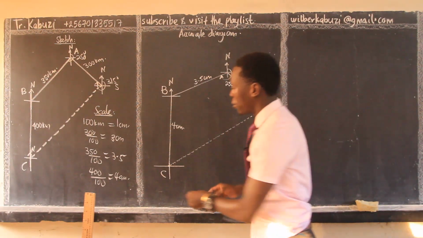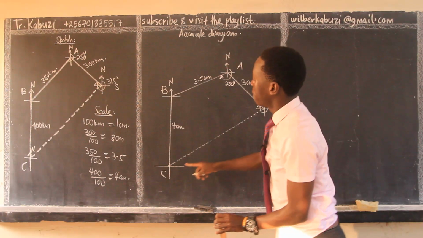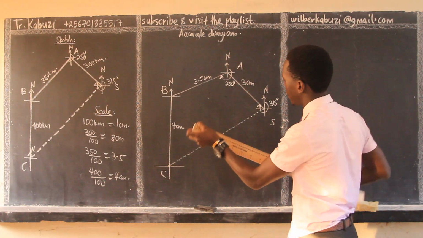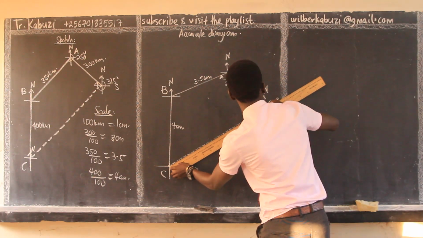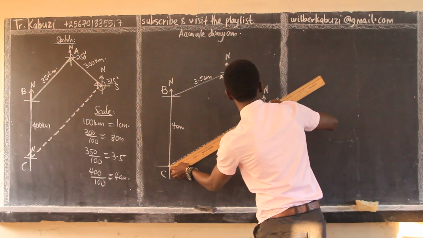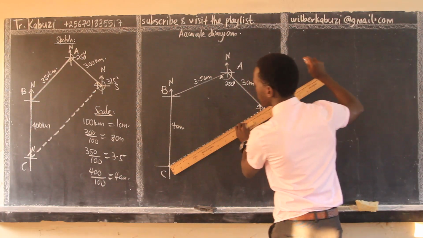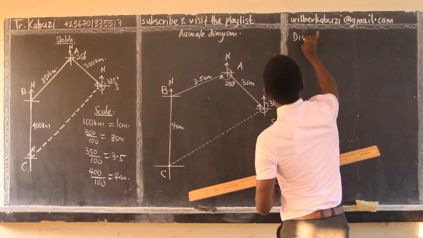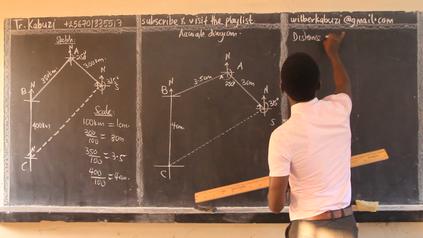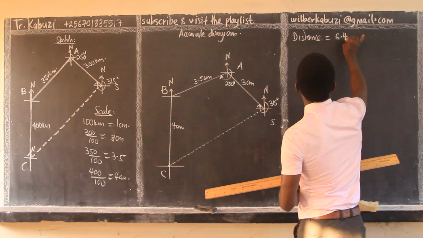The distance is going to be CS. You measure that distance from here. I'm seeing 6.4. So my distance is going to be 6.4 centimeters.